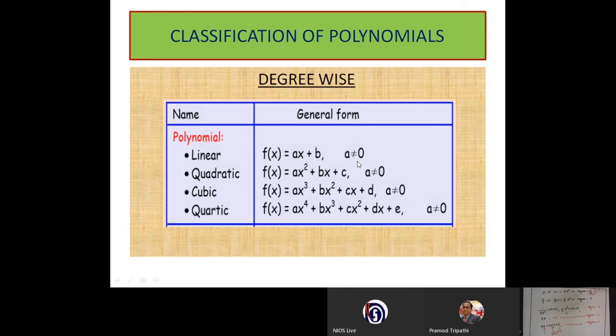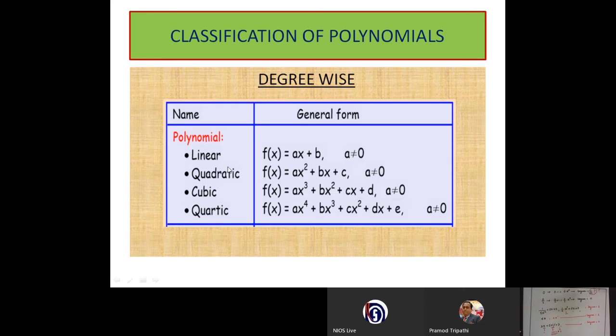The exponent of x in the first term ax is 1, hence it has degree 1. So any polynomial having degree 1 is known as a linear polynomial.